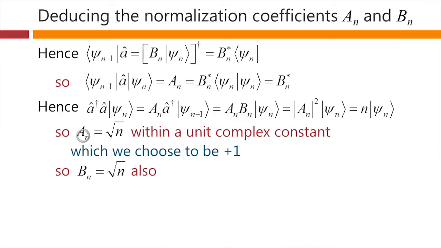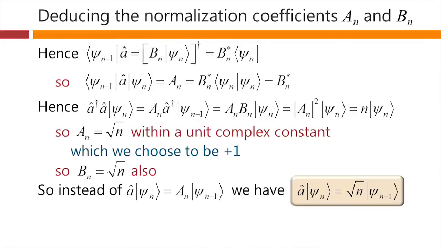Because an is now just this real number, the square root of n, then so also bn must be that same real number, so bn is root n also. So instead of a operating on psi n being an psi n minus 1, we now explicitly have that a operating on psi n is root n times psi n minus 1.